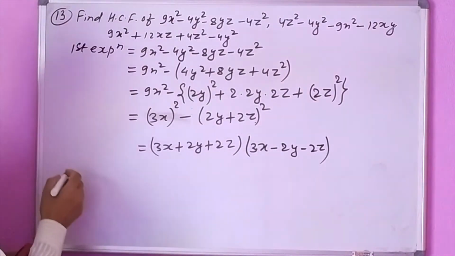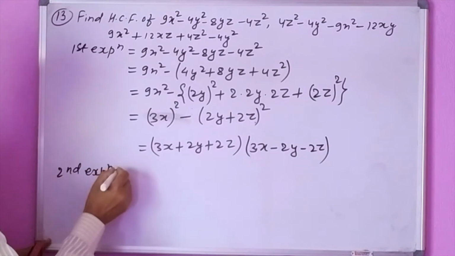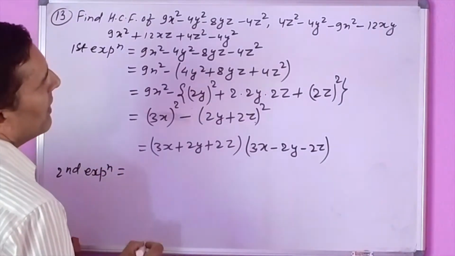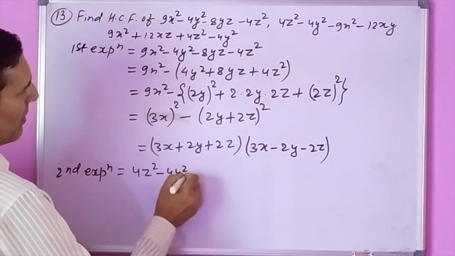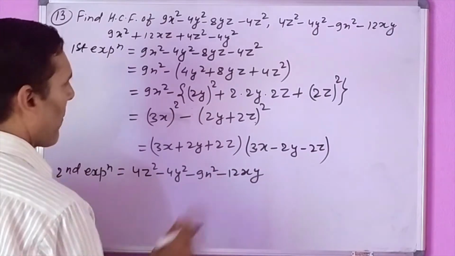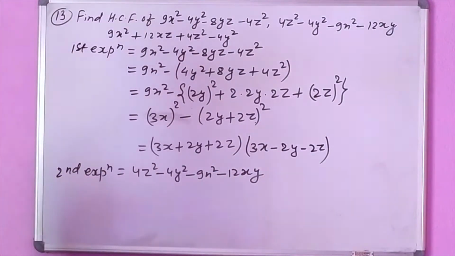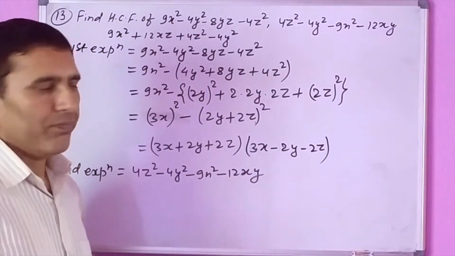Similarly, we have the second expression. The second expression is also like this: 4z square minus 4y square minus 9x square minus 12xy. Here also the last three terms contain x square, y square, and xy.